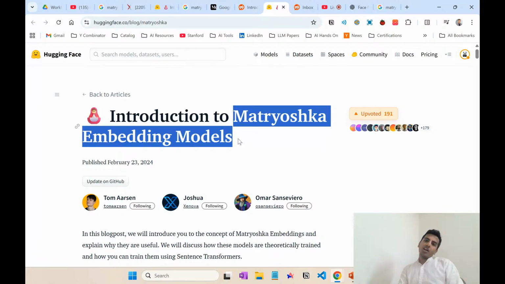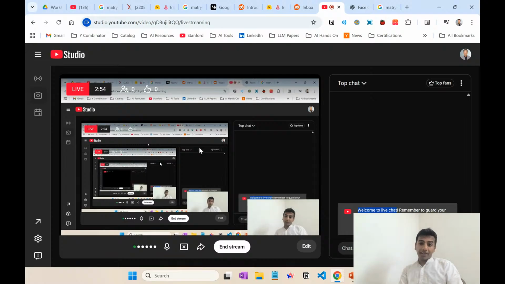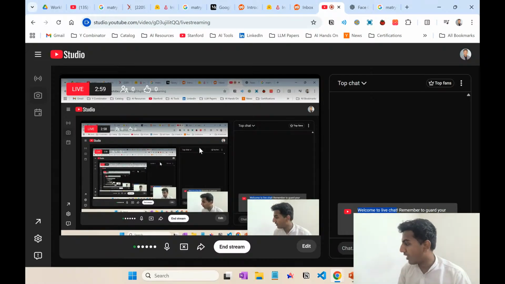If I wanted to introduce you to embedding models, what are embedding models? They are a kind of language understanding. Suppose I am a 5-year-old kid, and my parents put me into an LKG, UKG class. There, the first thing I would be taught is cat.